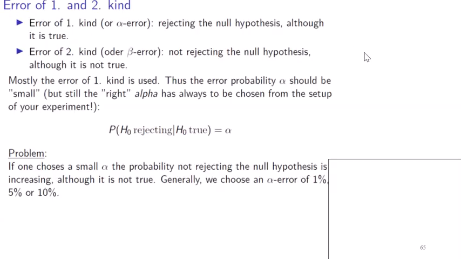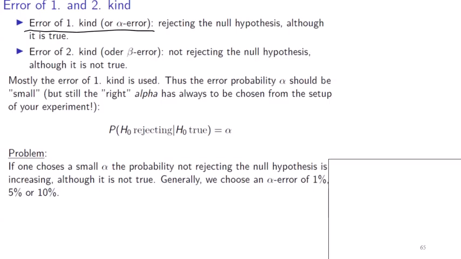And then, of course, I can have two kinds of error. The first error, which I almost always choose, is the error of the first kind. So it could be the case that I'm rejecting the null hypothesis although it is true. Remember, I'm only asking 1,000 people out of 80,000 people.